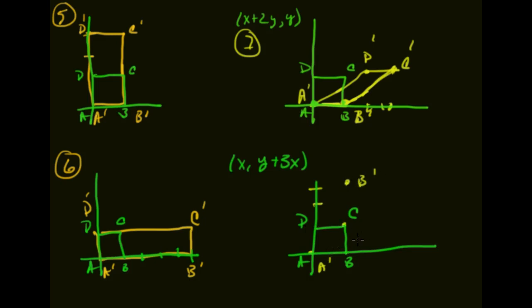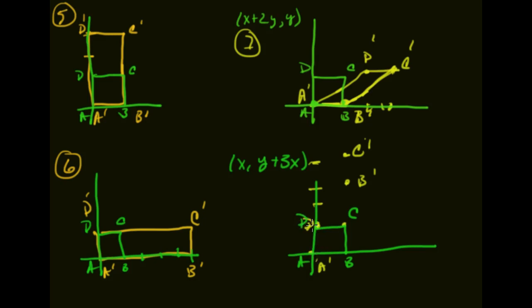C is hanging out at 1, 1. So that's going to be 1, comma, 1 plus 3 is 4, so that's coming up here. And then D is at 0, 1. So that is still 0, 1.